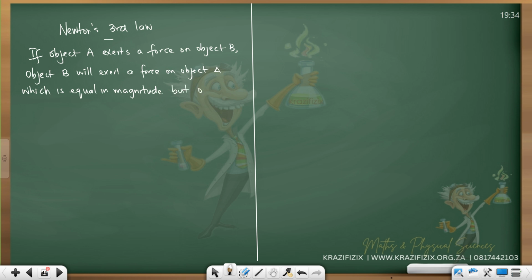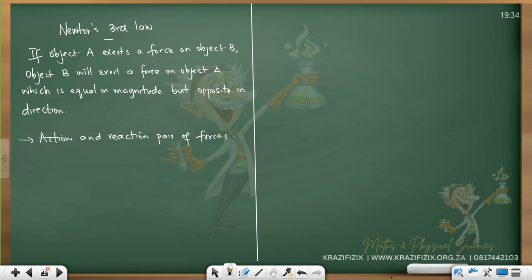but opposite in direction. This is key, and this is always called an action and reaction pair of forces.